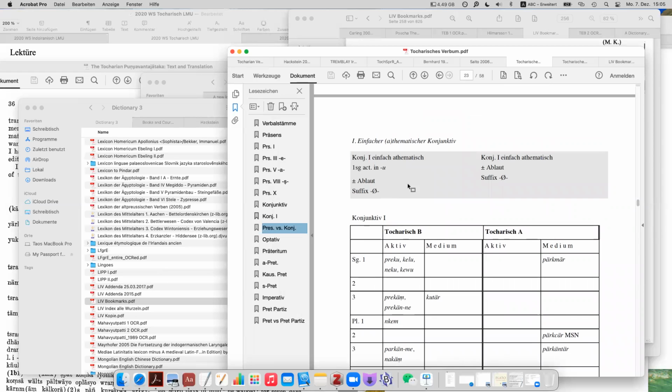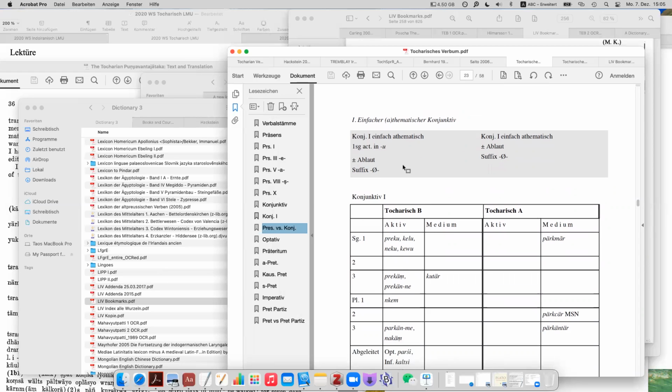So actually, for the subjunctives, you also have the simple asymmetric. The first class, simple asymmetric, and then you have the simple asymmetric with a thematic vowel here.